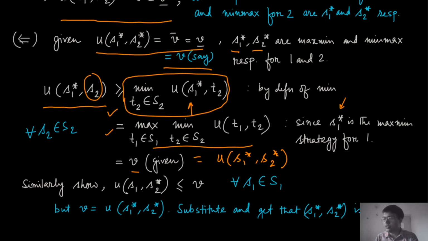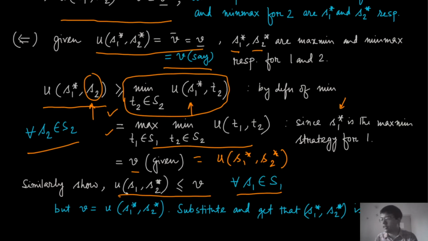Now we'll have to prove the same thing for player 2, and you can apply a very similar argument to get that u of S1 comma S2 star is less than or equal to v, and this should hold for all S1. Just to mention, in the previous inequality we picked S2 to be an arbitrary strategy of player 2, so this inequality holds for every S2 in capital S2.